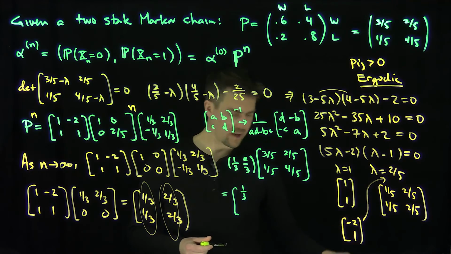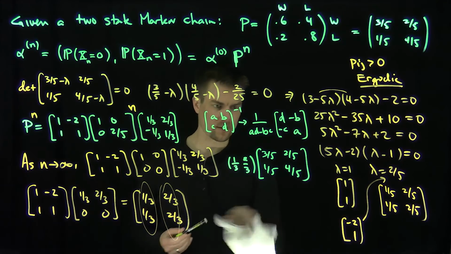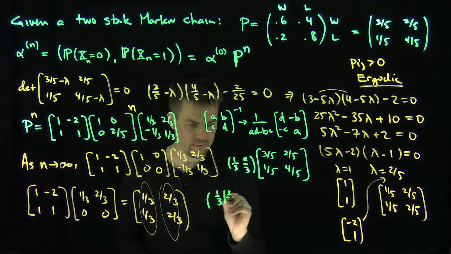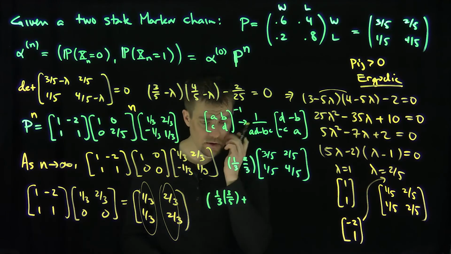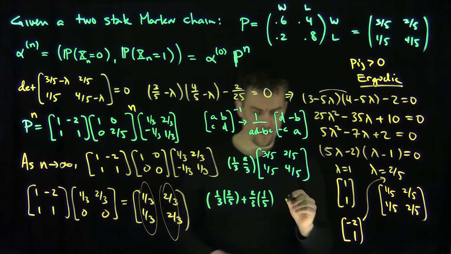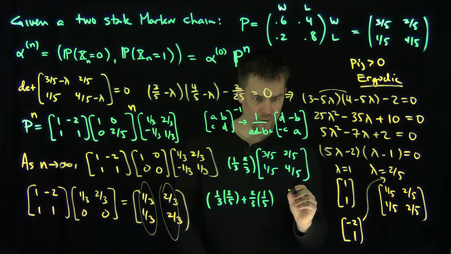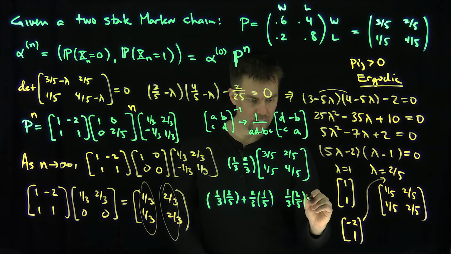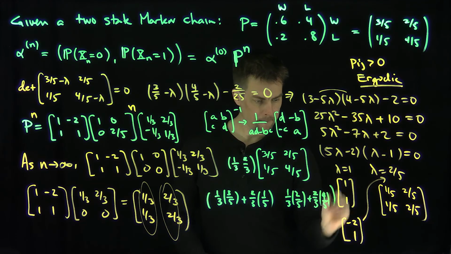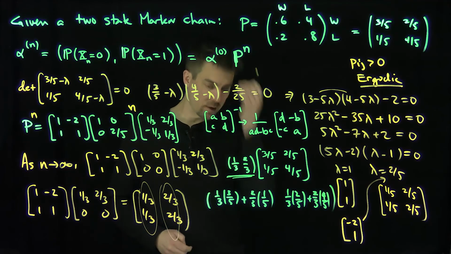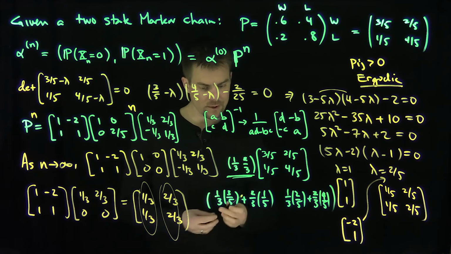The first entry is going to be 1/3 of 3/5 plus 2/3 of 1/5. And then the second entry is going to be 1/3 of 2/5 and then 2/3 of 4/5. Okay, that's the vector we're going to get if we multiply this initial configuration by the transition matrix.